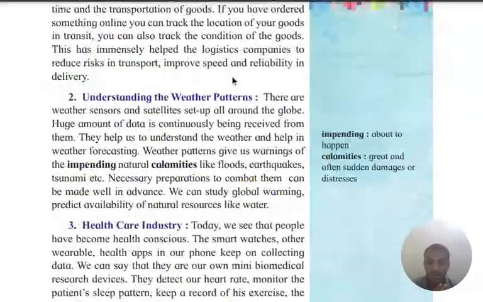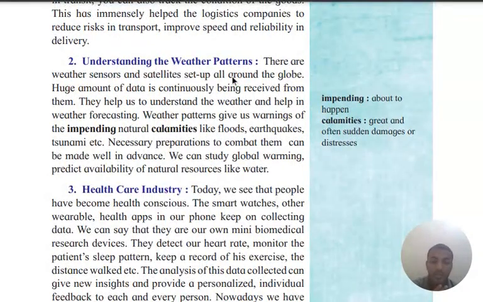Now understanding the weather pattern. Okay. Understanding what? Understanding the weather pattern. There are some weathers, and we need to understand their patterns. Clear? Now there are weather sensors and satellites set up all around the globe.